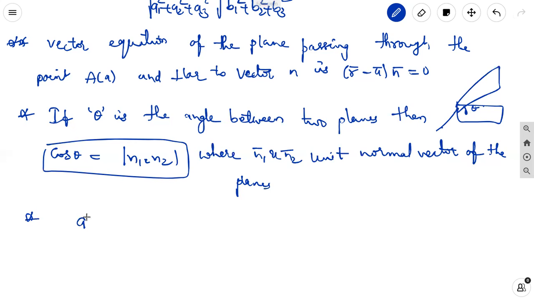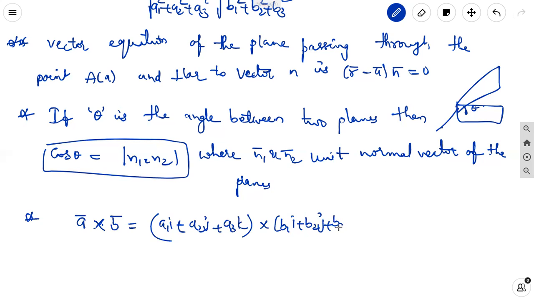Next, how to find the cross product of two vectors. We know that vector a is a1 i plus a2 j plus a3 k, and vector b is b1 i plus b2 j plus b3 k. The cross product is the determinant of the matrix with rows i, j, k; a1, a2, a3; b1, b2, b3.